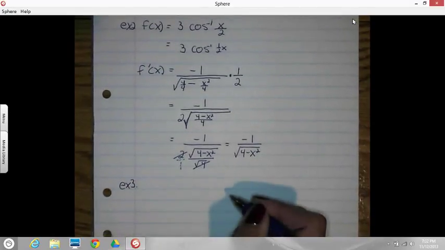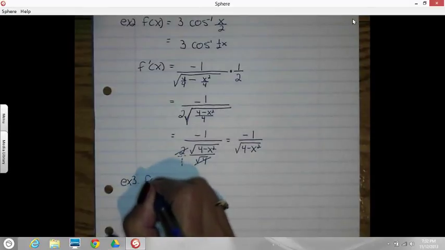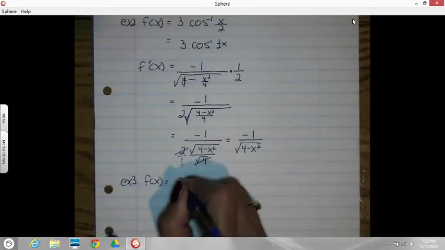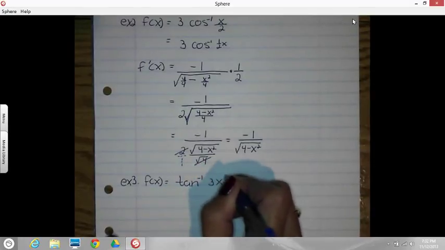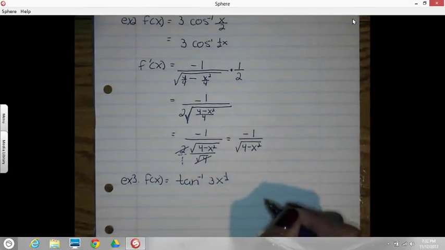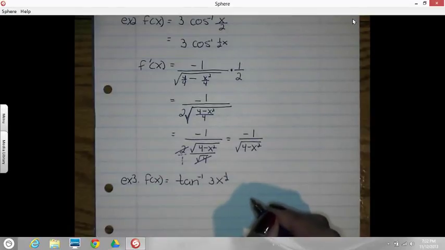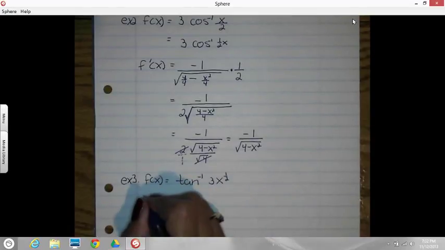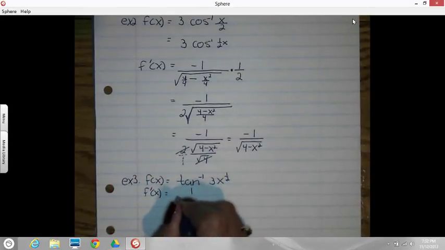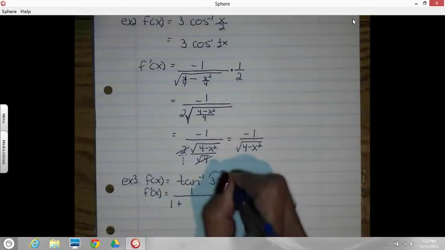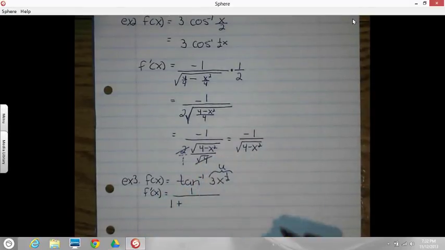Number 3, f of x equals inverse tangent of 3x to the 1/2. So following the inverse tangent derivative, we'll have 1 over 1 plus, this is the u, and that needs to get squared.